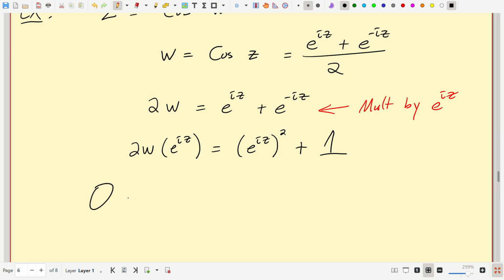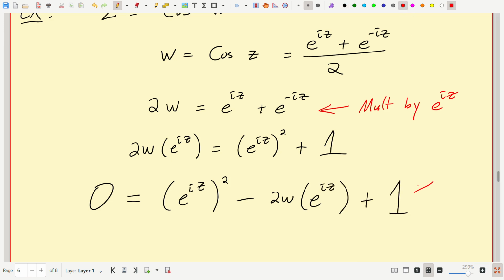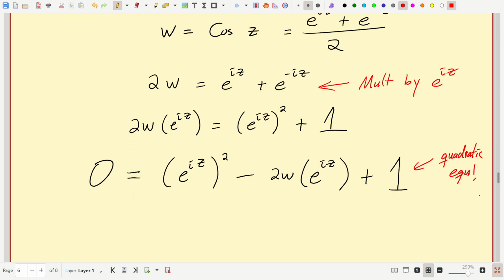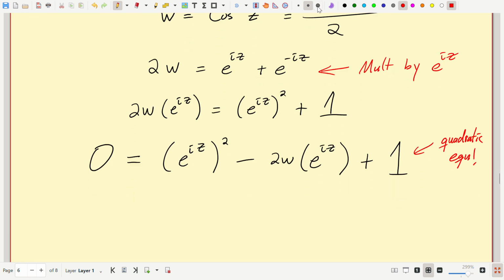So I get 0 equals e to the iz squared minus 2 times w e to the iz plus 1. That's a quadratic equation. It's quadratic in e to the iz, and so now I can solve for e to the iz.